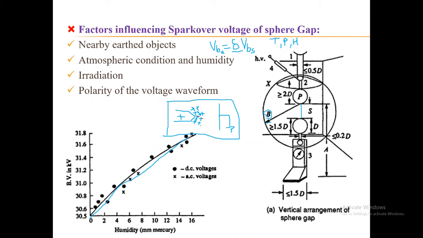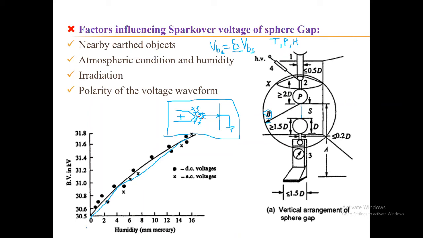So the diameter of the point electrode is virtually enhanced. Because of this virtual enhancement, there is a reduction in the length of the gap between the two electrodes, and as we know, if the length of the gap is less, the breakdown voltage requirement is less.